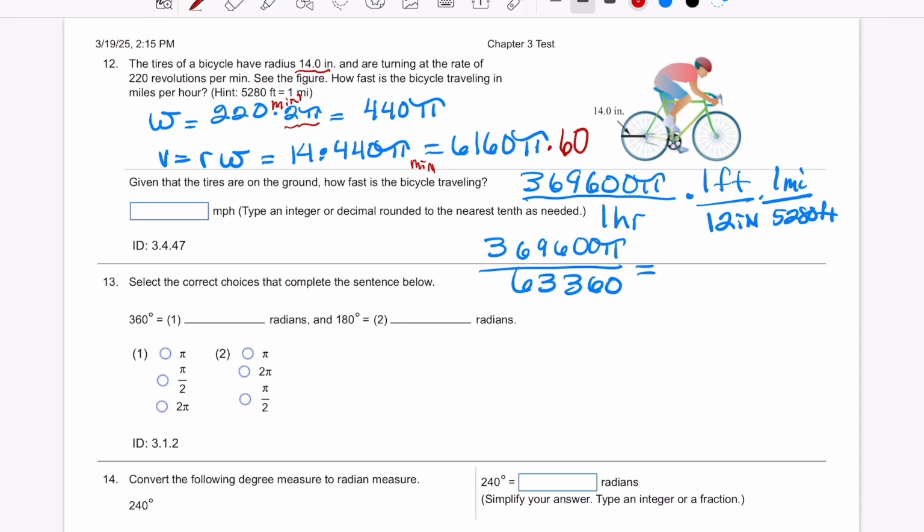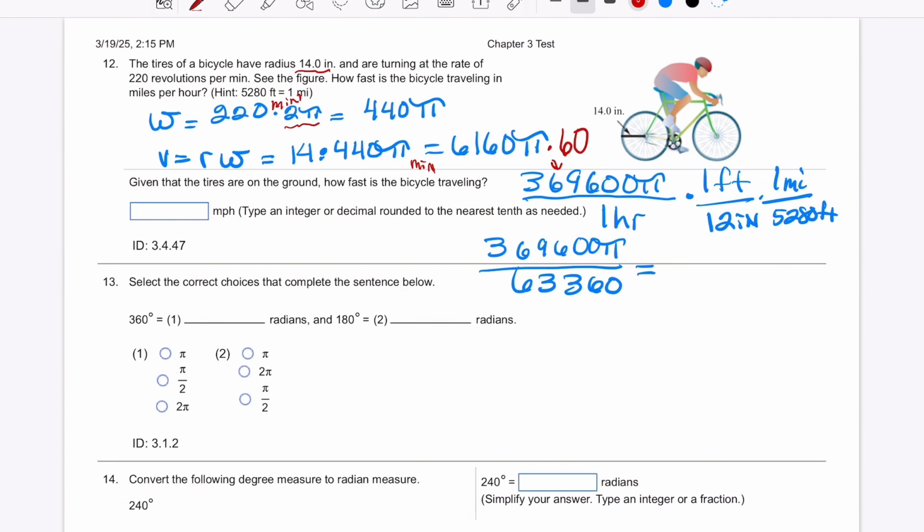That is why we did it. So we got 369, okay. That's how we got this number here. And then we needed to convert to miles because we had inches. So we needed to convert that.